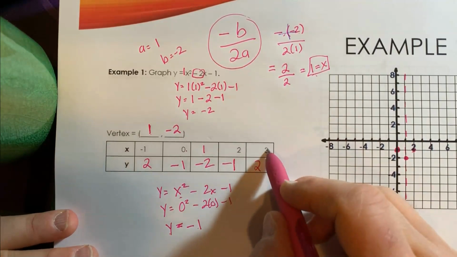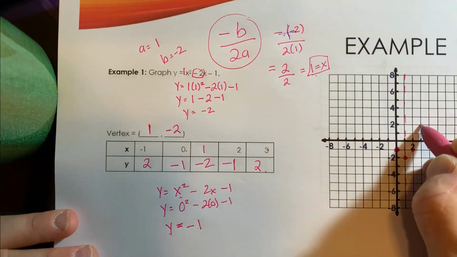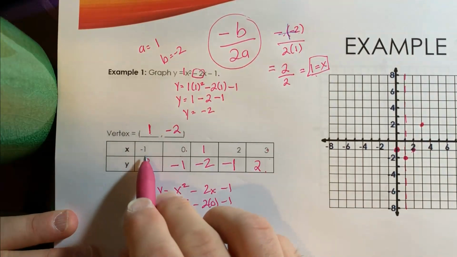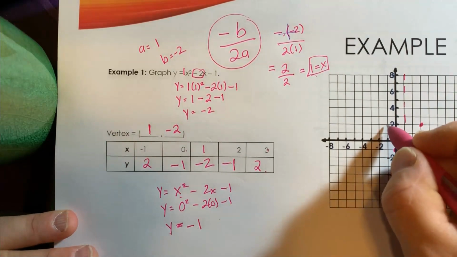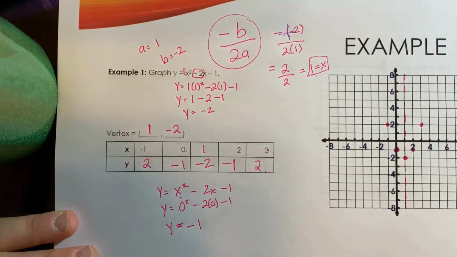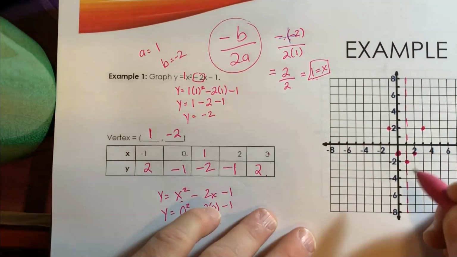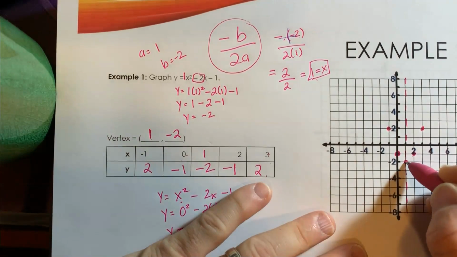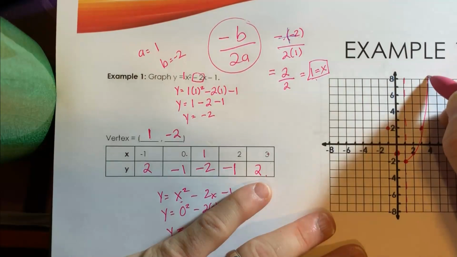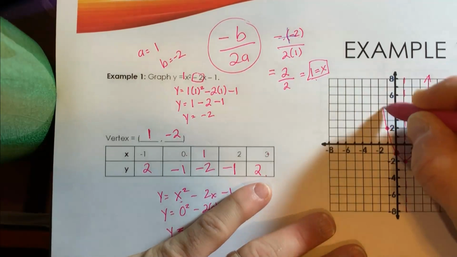So at the point x equals 3, y equals 2, I would be here. And x equals -1, y is going to equal 2, I would be here. And so I can go ahead and plot my parabola or draw my parabola. It's going to be something like this, guys.